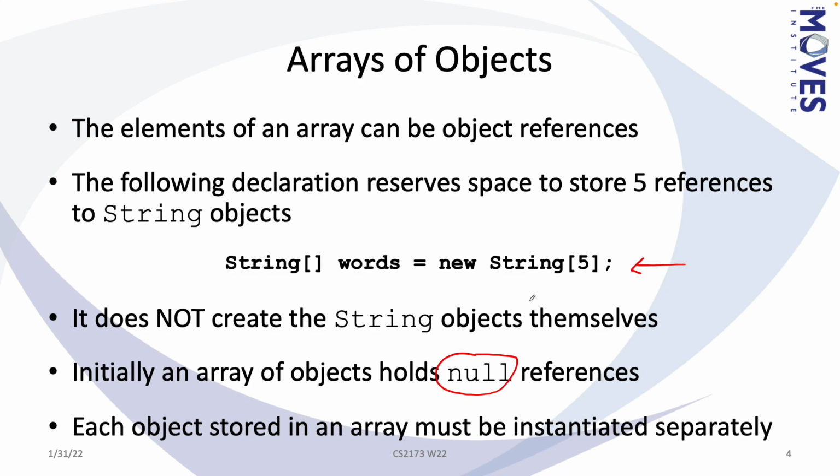The default value of a double is a 0 double, which is actually a different thing. And likewise, if I instantiate an array of doubles, they will all have the value of 0, double 0. The default value of Boolean is false, so if I instantiate an array of Booleans, then they will all be false.